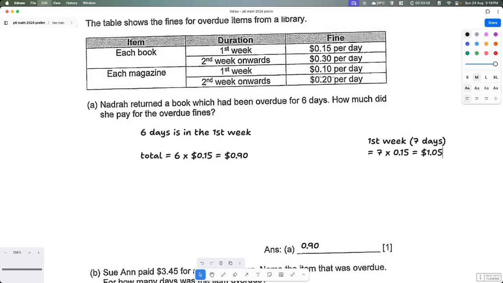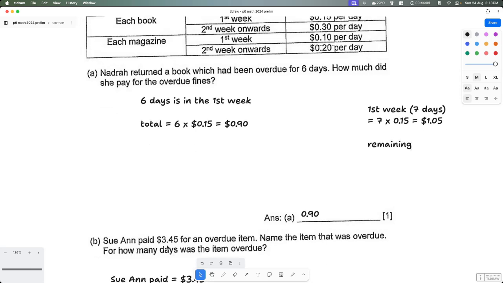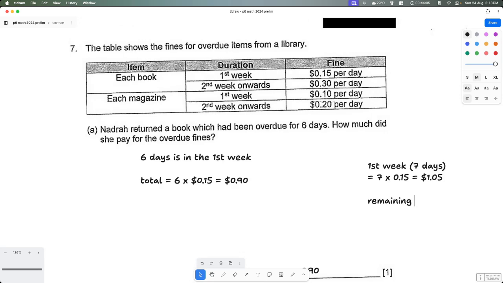So remaining, she paid $3.45. So 3.45 minus 1.05 will give us $2.40.